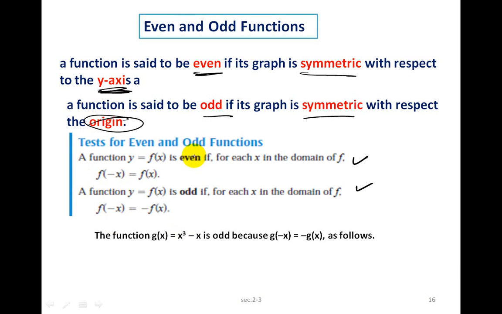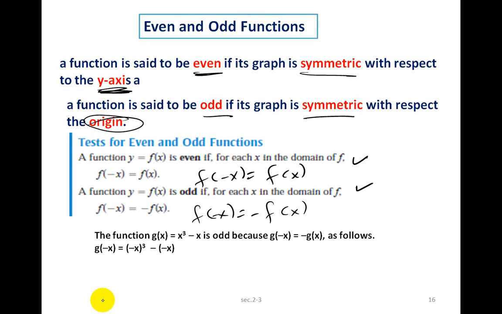This test is for even functions. In an even function, f of negative x equals f of x, and for the odd ones, f of negative x is equal to negative f of x. So you can use these two tests, or you can just look whether the graph is symmetric about the y-axis or the origin. Let's have examples here.